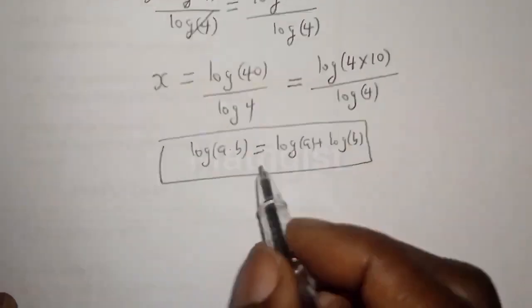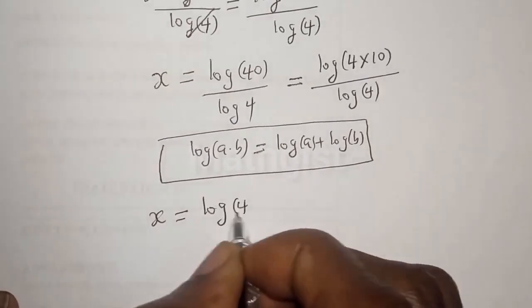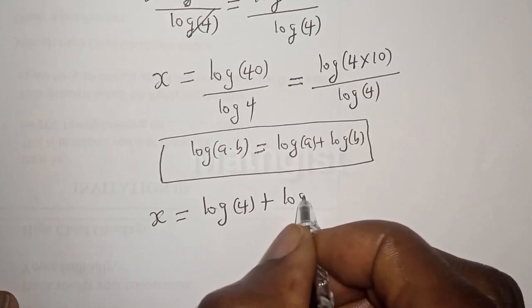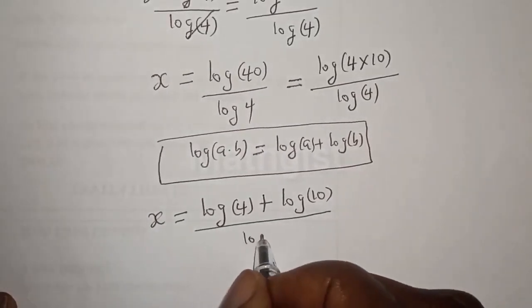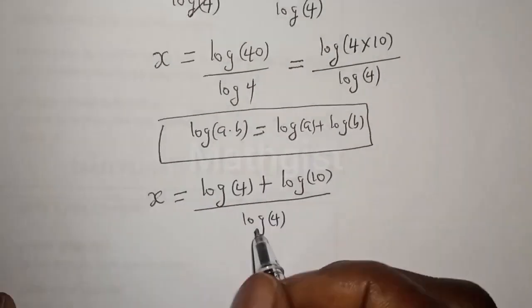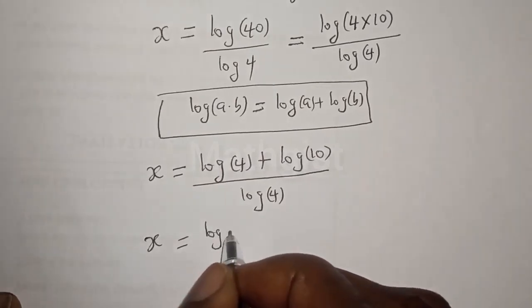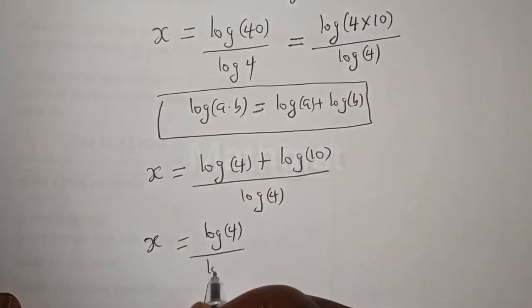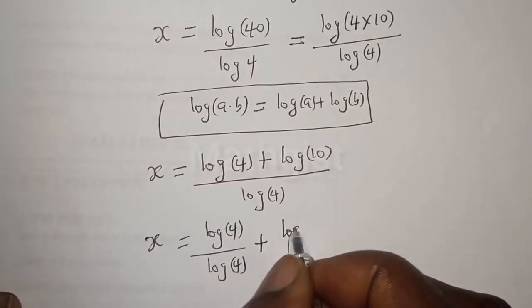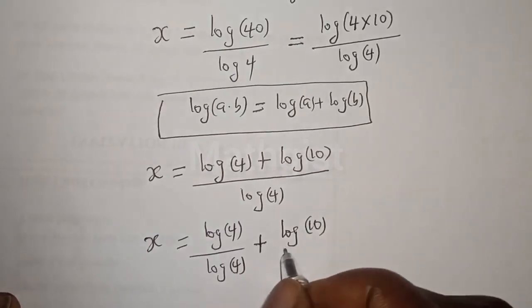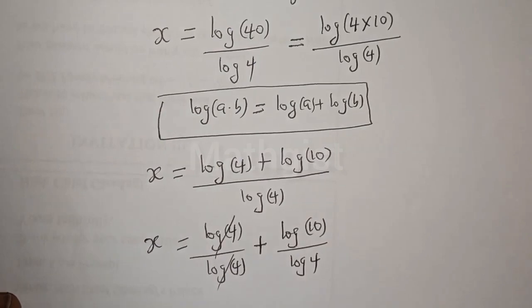Then this can be written as s is equal to log 4 plus log 10 over log 4. Then this is s is equal to log 4 over log 4 plus log 10 over log 4. This will cancel this.